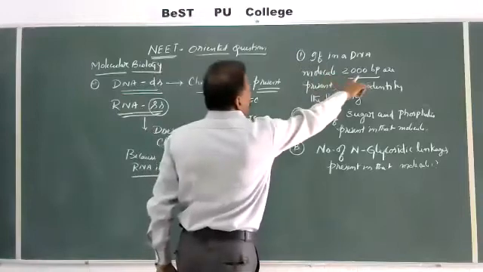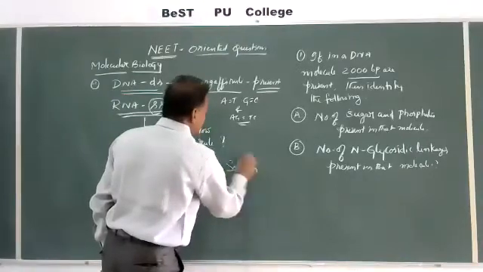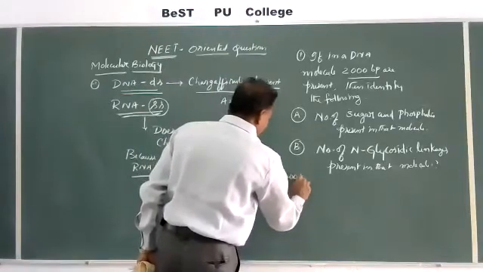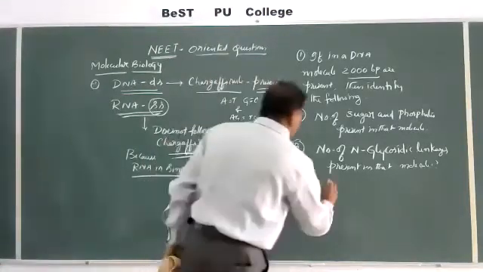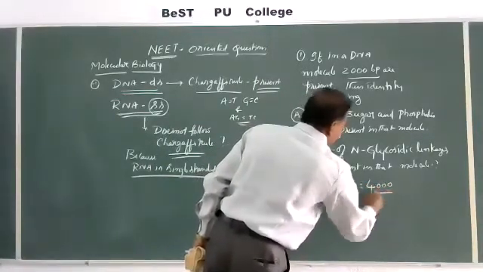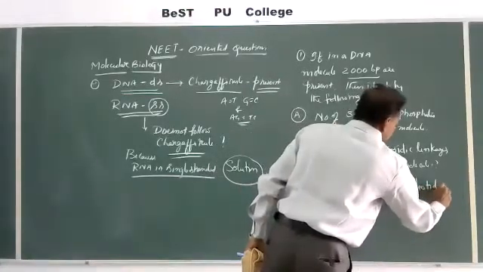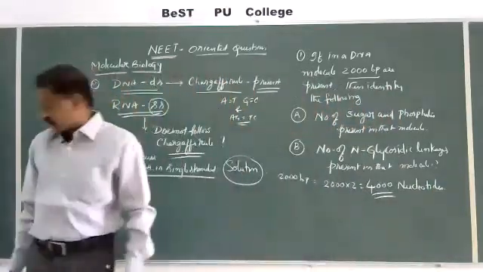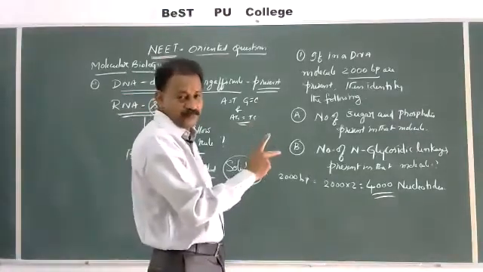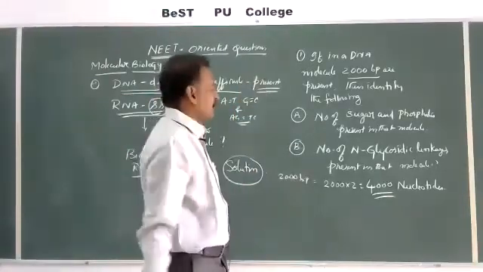In a DNA molecule with 2000 base pairs, the solution: 2000 base pairs is equal to 2000 into 2, 4000 nucleotides. Base pair means 2, so total number of nucleotides is 4000.